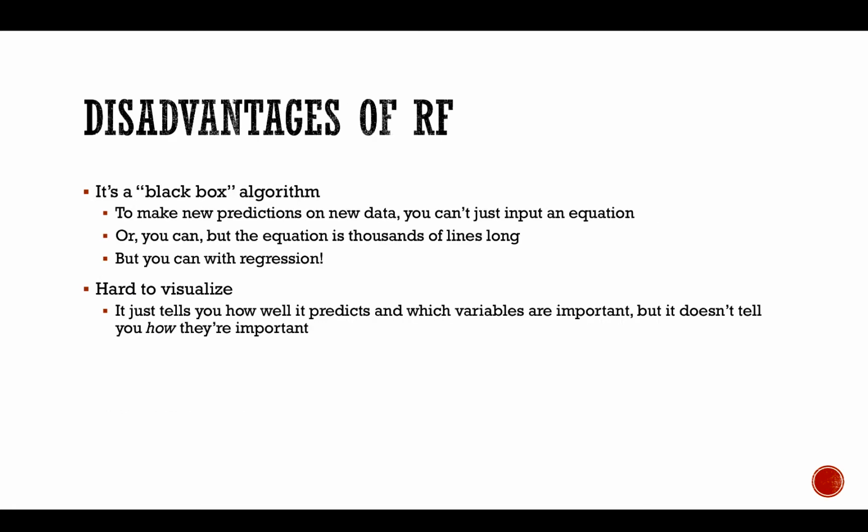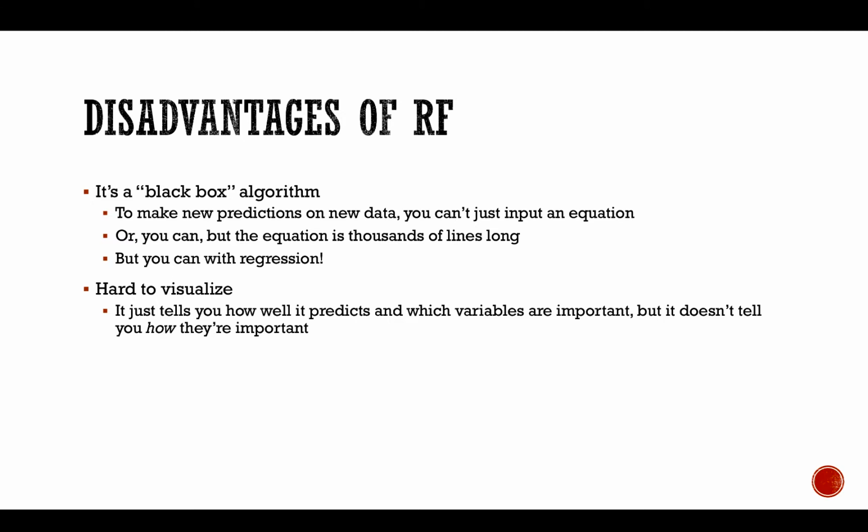Disadvantages of random forest, and these are disadvantages that make it limited. So one is that it's what we call a black box algorithm, meaning that if you were to run a regression on a data set, you could report the regression equation that you used, and somebody could read your paper and make predictions on an independent set of data using your prediction that you put online.